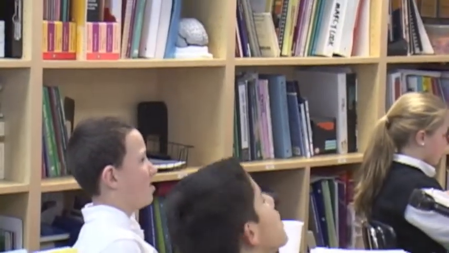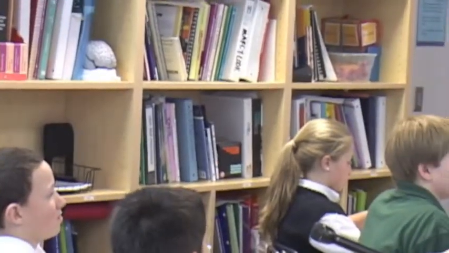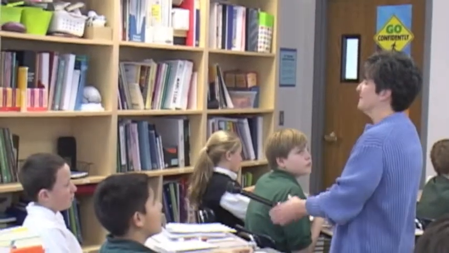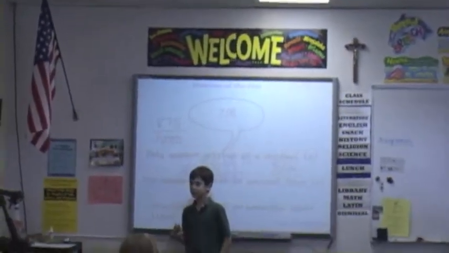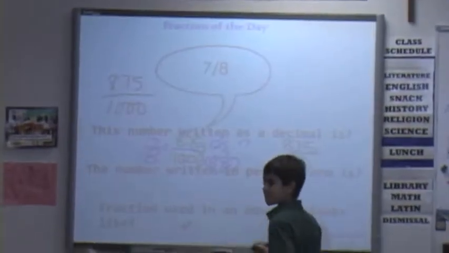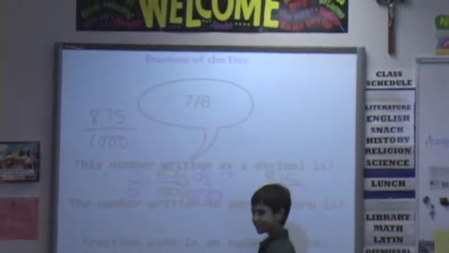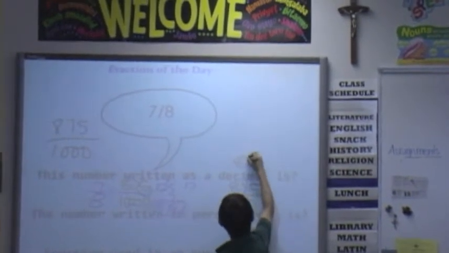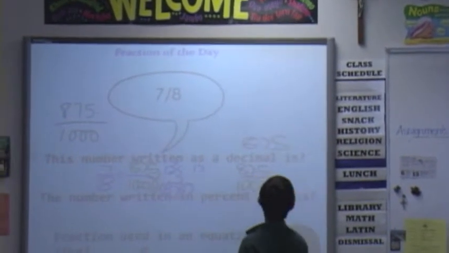Since there's thousands in decimals, it'd be 875 thousandths. Okay, so tell Luke exactly what that's going to look like. Start with the decimal point. Decimal. 875 after the decimal. Do we have that number written as a decimal?